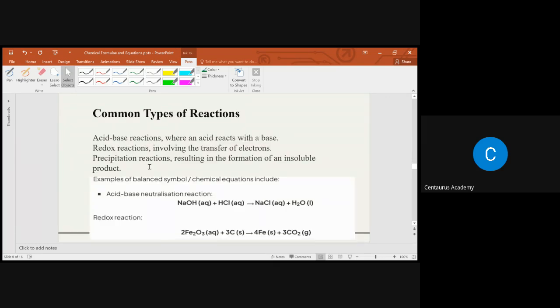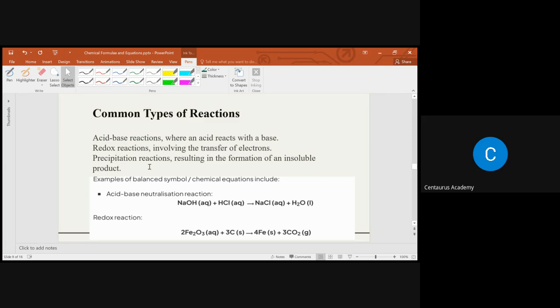Acid-base reactions, where an acid reacts with a base. Redox reactions, which involve the transfer of electrons. One example of redox is electrolysis as well, when we see chemical reactions taking place at the electrodes, that is the cathode and the anode. We will do this in electrolysis.